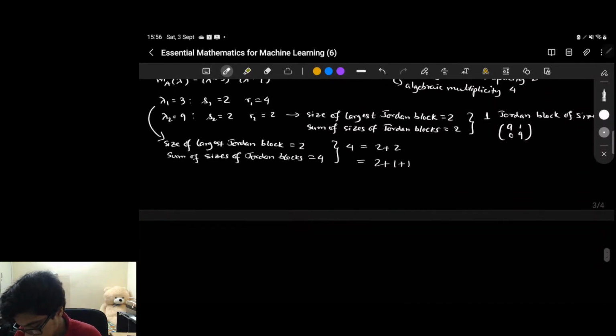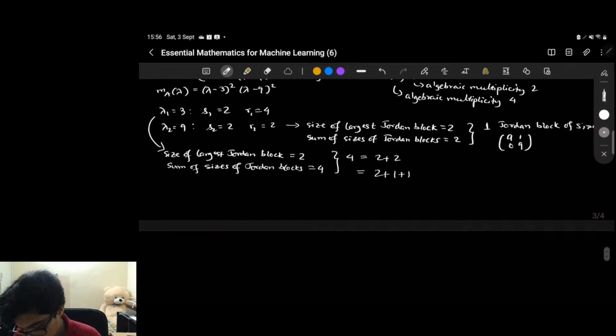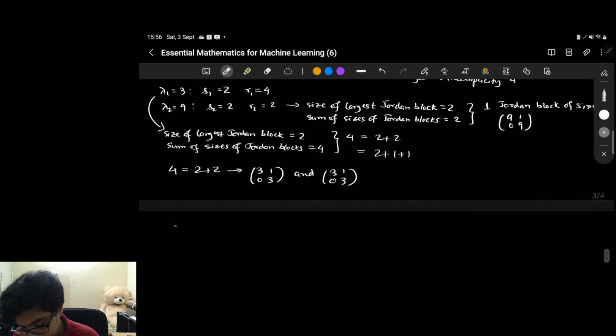Now if we consider the option 4 equal to 2 plus 2, then the Jordan blocks that we will use will be [3 1; 0 3] and [3 1; 0 3], because eigenvalue lambda 1 is 3.